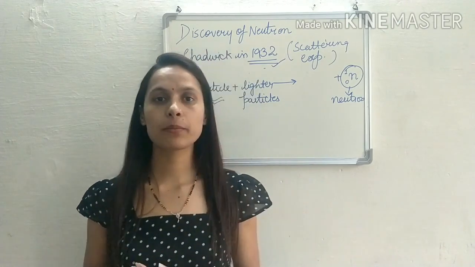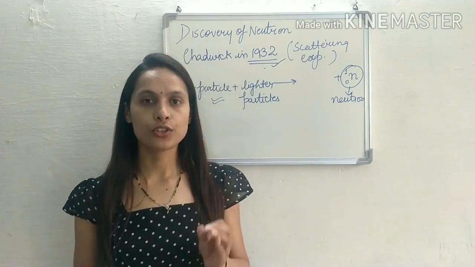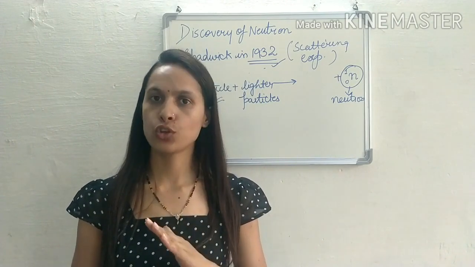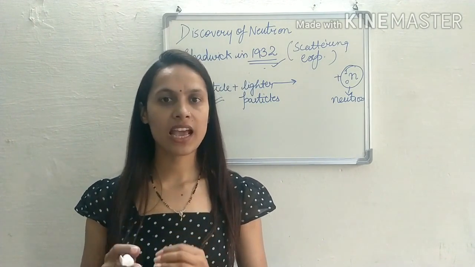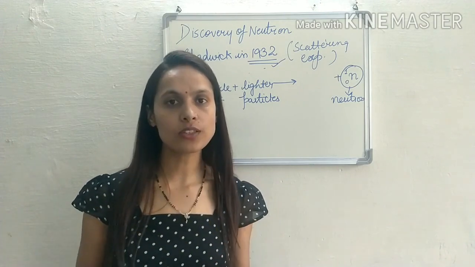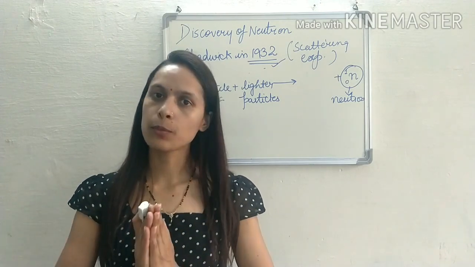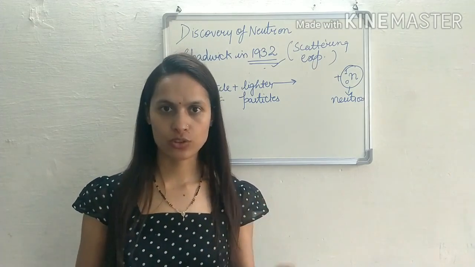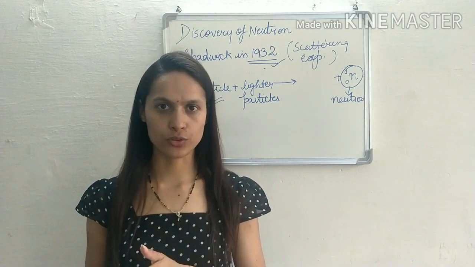So how will we define the neutron? Neutron is that fundamental particle which has no charge and it has a mass nearly equal to the mass of the proton. So in this way we can define electron, proton and neutron.